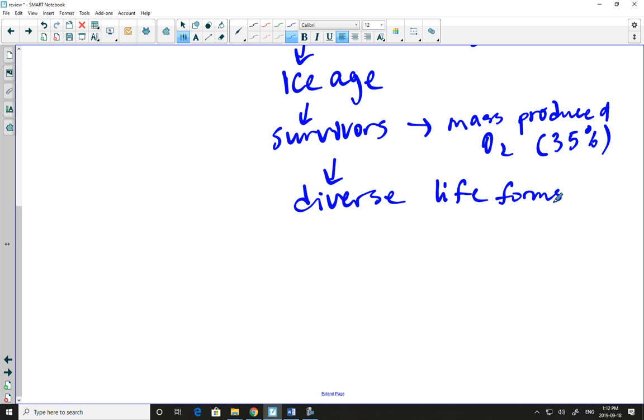And now oxygen content is only about 21% in our atmosphere. And everyone remembers 78% nitrogen, 0.03% carbon dioxide.